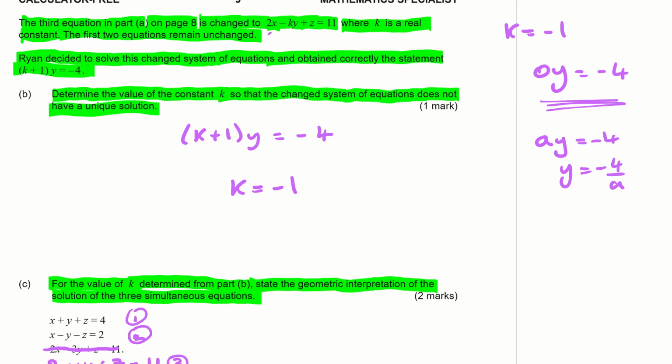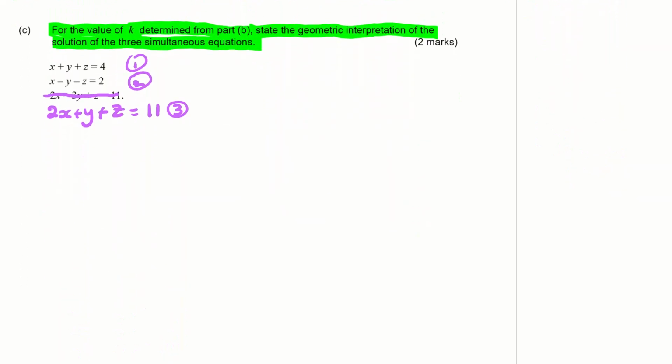So remember, it's changed to this with k equal to negative 1, that becomes 2x plus y plus z. So the first thing to note is that none of the planes are parallel. So we haven't got any of the situations with parallel planes.